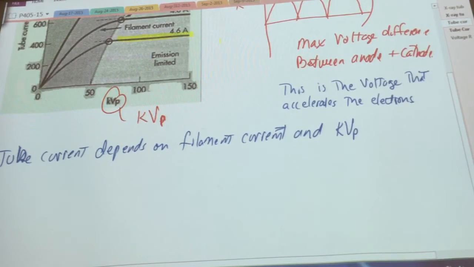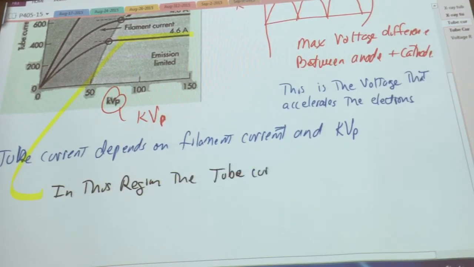So that horizontal line there: in that emission limited region, the tube current does not depend on kVp.